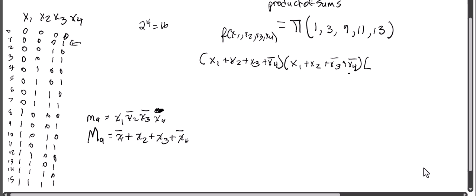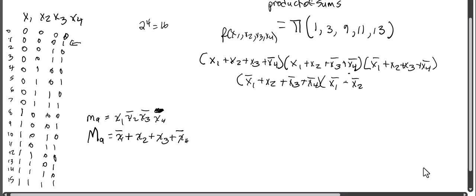Max term 9, I just wrote that one. That's x1 bar plus x2 plus x3 plus x4 bar. Max term 11 is x1 bar plus x2 plus x3 bar plus x4 bar. And max term 13 is x1 bar plus x2 bar plus x3 plus x4 bar.